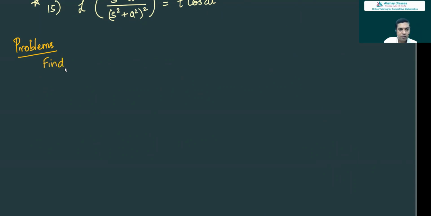Find the Laplace inverse transforms of the following.